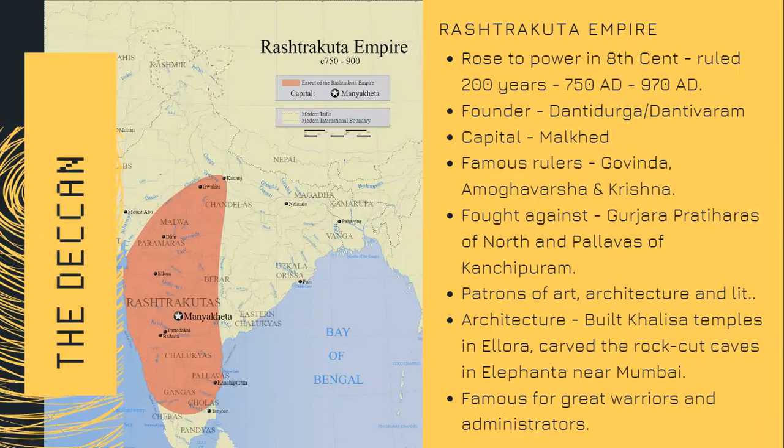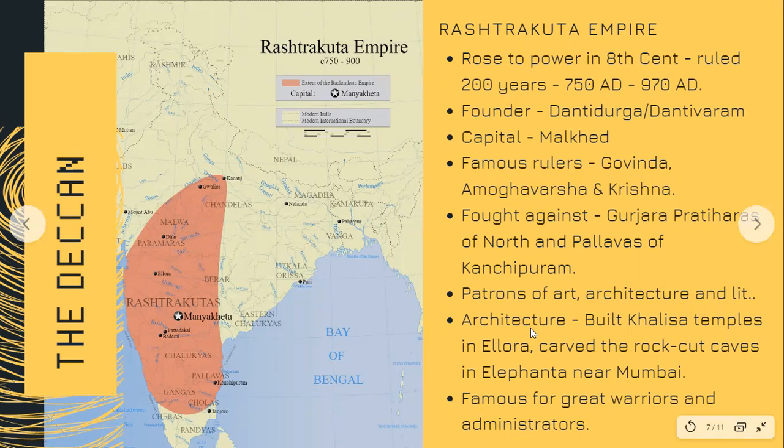They were fighting against the Gurjara Pratiharas of the North, whom we just read about, and the Pallavas of Kanchipuram. They were constantly fighting, but at the same time, they were patrons. They promoted art, architecture, and literature.